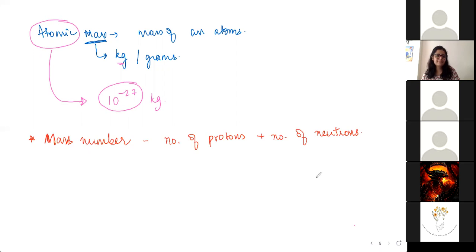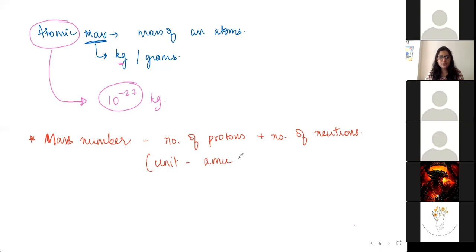So when we are measuring the mass of an atom in terms of how many protons and how many neutrons there are, the unit becomes AMU.